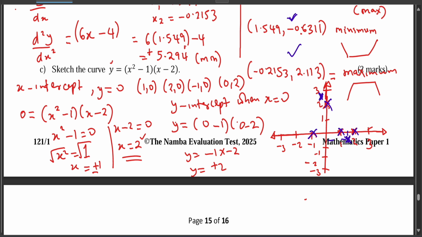So your curve will start from the x-intercept, go up to the first stationary point, which is a maximum, then go down, touch those points, and go down to where the curve is a minimum. So it should look like this. And you write your equation, which is this.